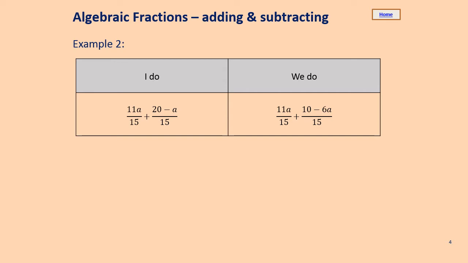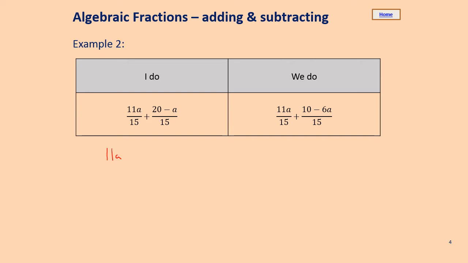Okay, so I've got another example here, and again I've got 11a over 15, and on the second fraction I've got plus 20 minus a over 15. So I do have a common denominator again, which is helpful, but the numerator looks a little bit different this time, and we'll see how we deal with that. On the first fraction I've got 11a, and on the second fraction I've got 20 minus a.